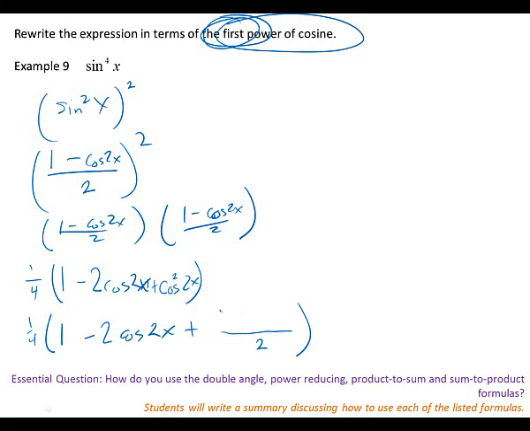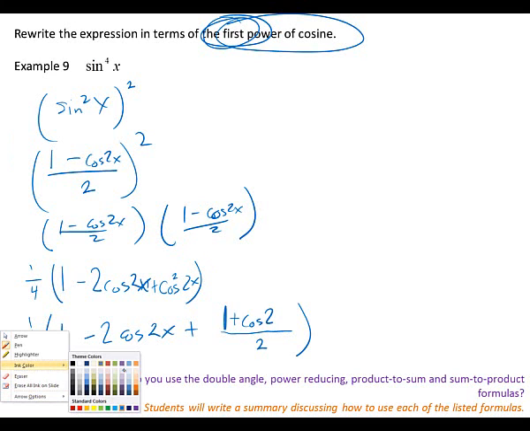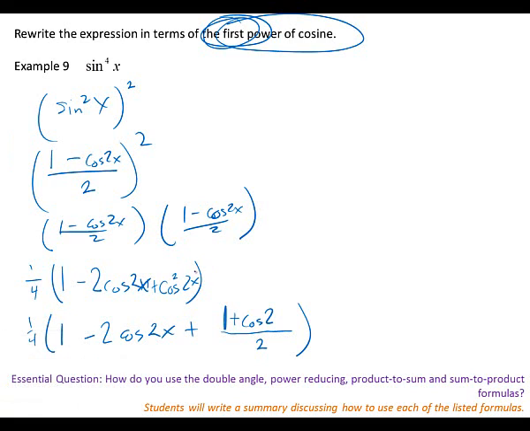I know I divide by 2. What's out front? One plus what? Cosine 2u, right? Let me use a different color so you can see. This piece in here is the u. So 2 times 2x gets replaced in there.